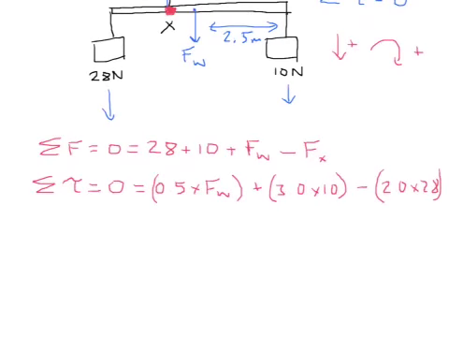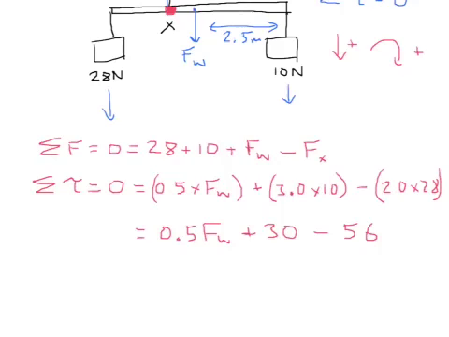If we rewrite our second equation here, just to be a little bit more useful, we will see that in the whole equation there's only one unknown, Fw, so that's going to give us the solution. So we've got 0.5 Fw plus 30, so it's 3.0 times 10, minus 2.0 times 28, which is 56, minus 56.